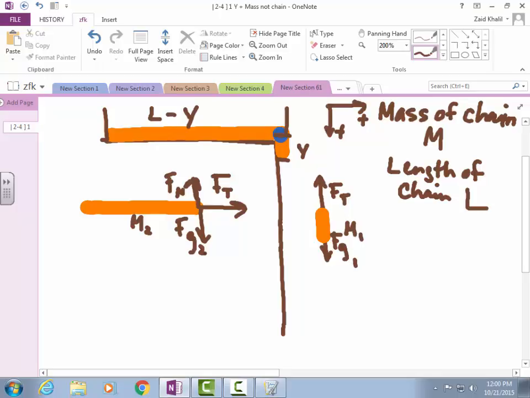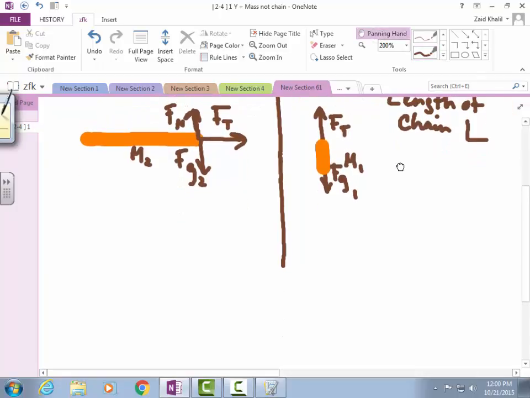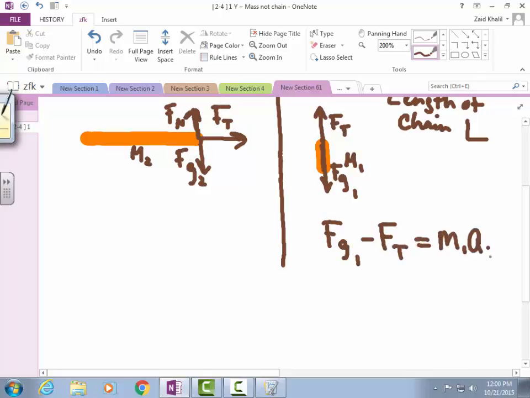So we'll just look at each of these. Now net force equals mass times acceleration. Let's do it for M1. What are the forces on M1? Spit it out. Very good. Fg1 minus Ft equals M1 A1.